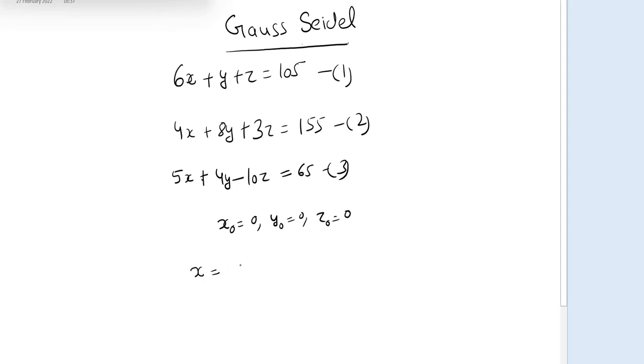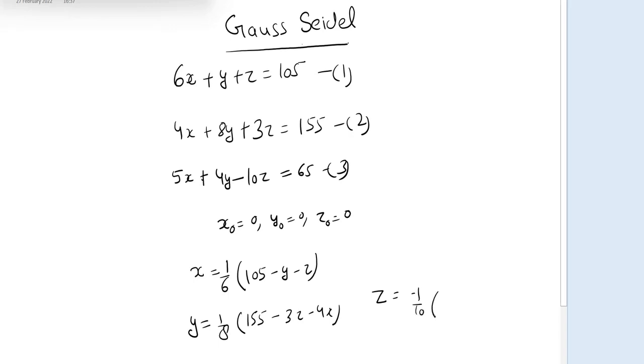So x is equal to 1 divided by 6 times (105 minus y minus z), y is equal to 1 by 8 times (155 minus 3z minus 4x), and similarly z is equal to minus 1 by 10 times (65 minus 4y minus 5x).